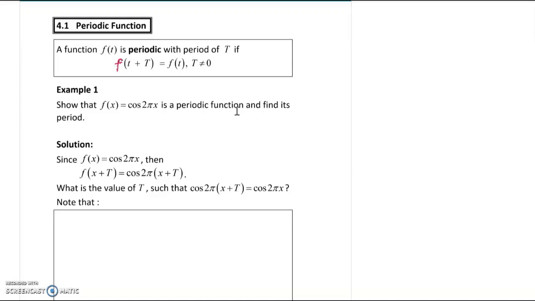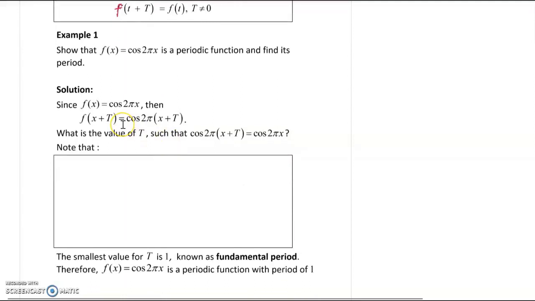Back to the problem here: to show that f(x) = cos 2πx is a periodic function, you have a bit of the solution here. Since f(x) is cos 2πx, we want to show whether f(x + T) goes back to f(x) or not.